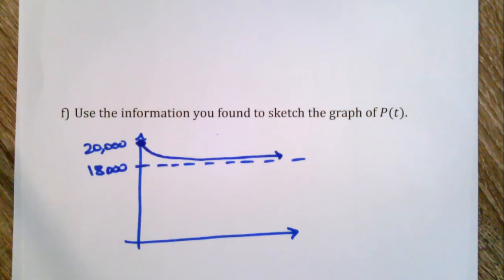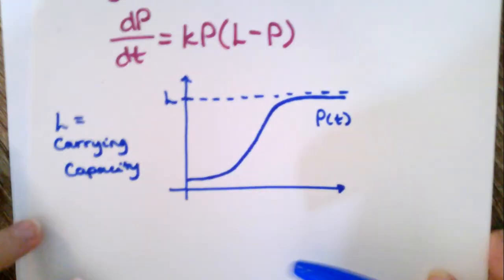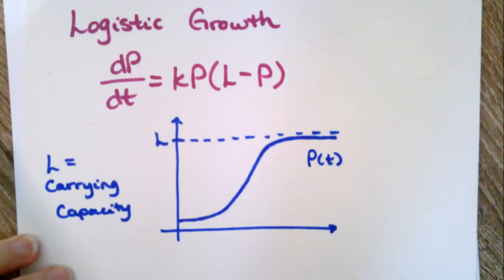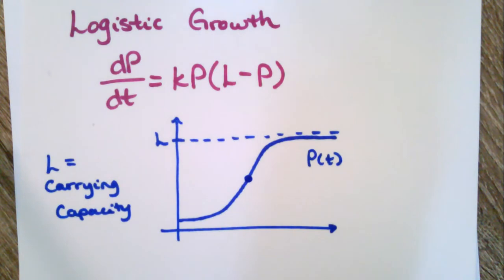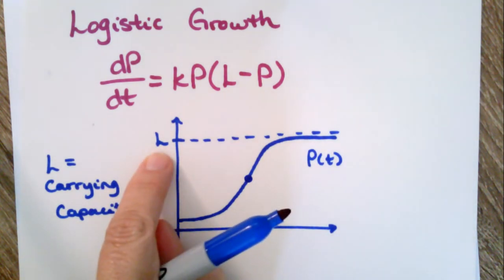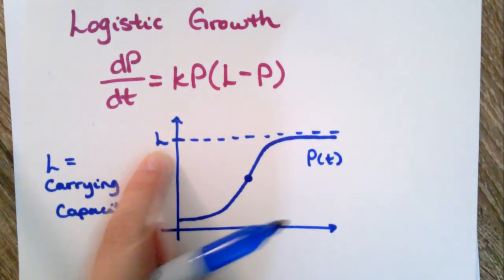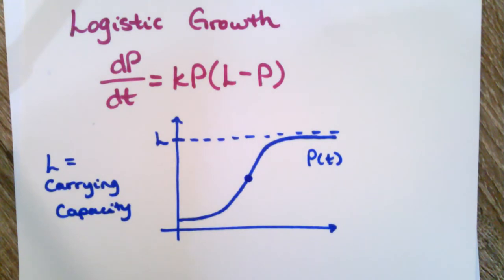So let me go back to our original graph here. One of the things that we saw by calculating that second derivative is that in our scenario, the inflection point, which is about right here, was at 9,000, and our limit was at 18,000. If you think about how those two numbers are related, 9,000 is half of 18,000.